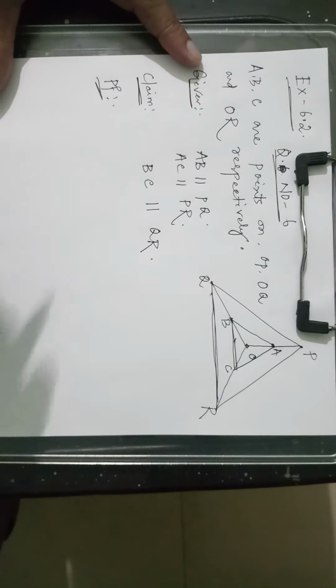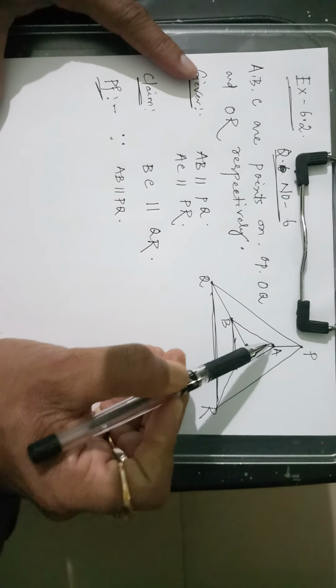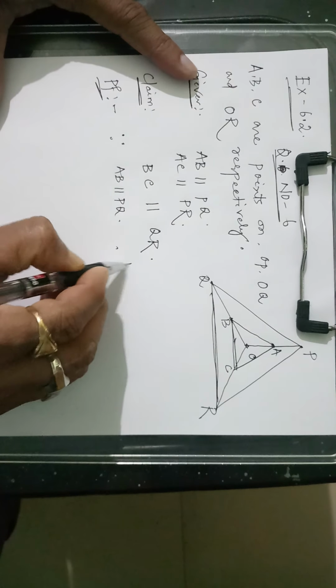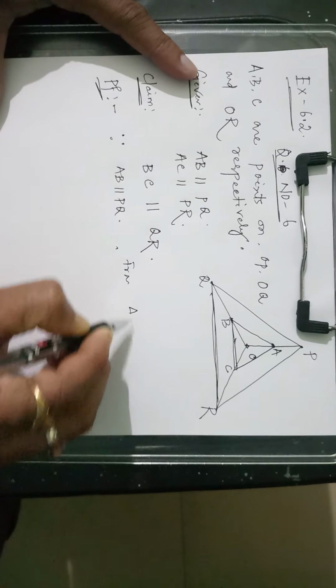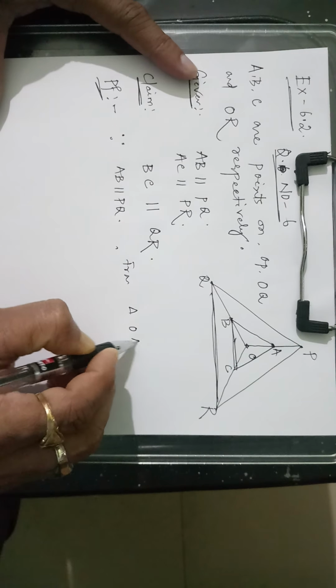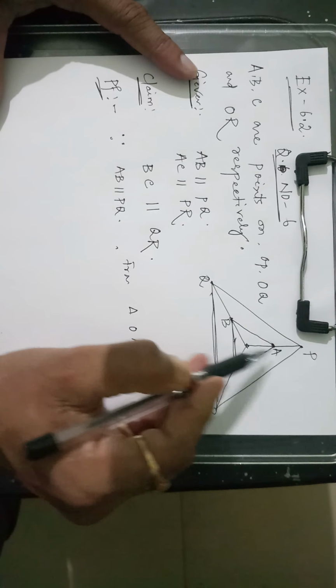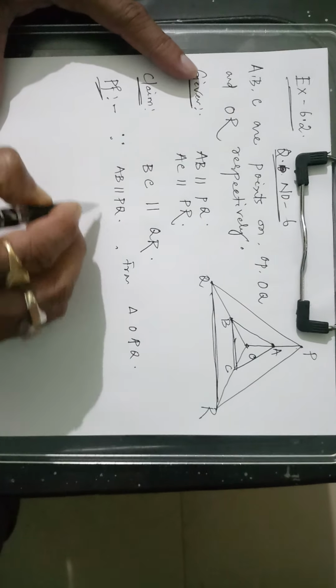So now you can write: hence AB parallel to PQ. AB parallel to PQ means, from triangle OPQ, using theorem 6.1 you can write OA by AP equal to OB by BQ.